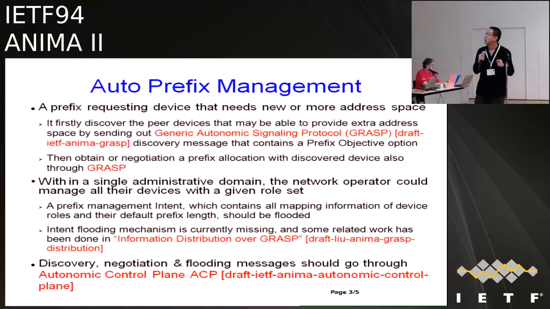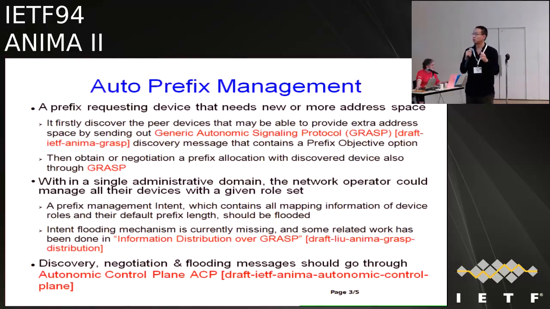By sending out a discovery message that contains a prefix objective option, the devices can obtain or negotiate a prefix allocation with the discovered devices through GRASP.